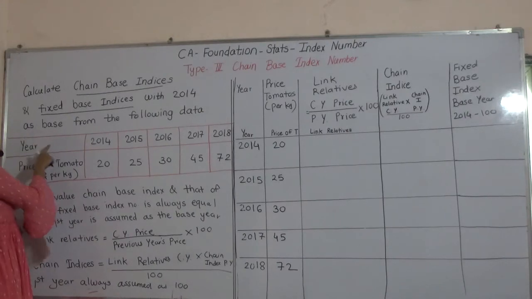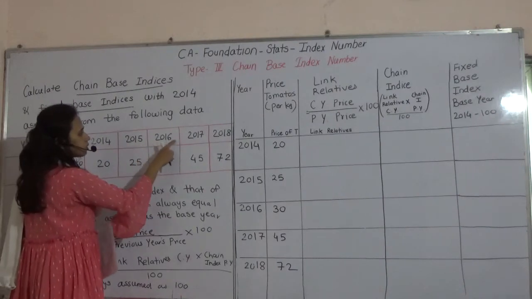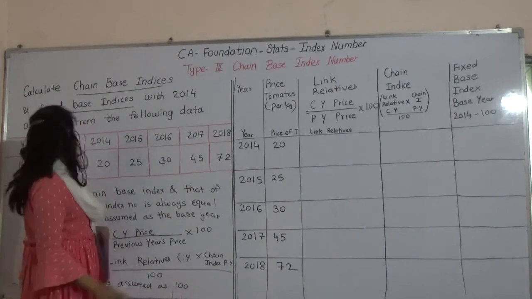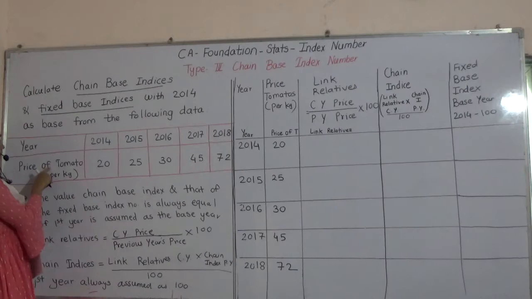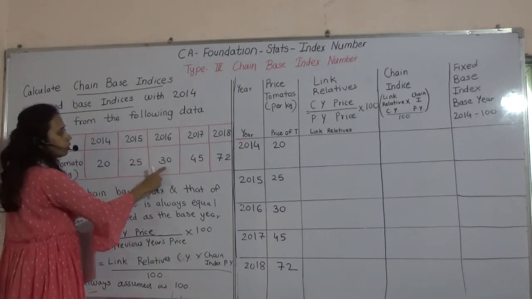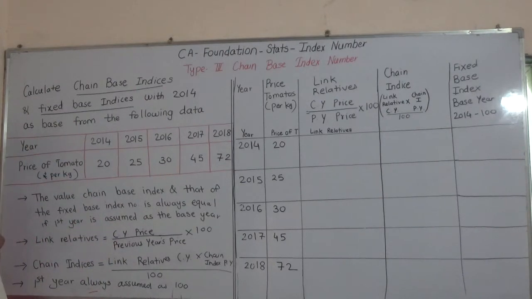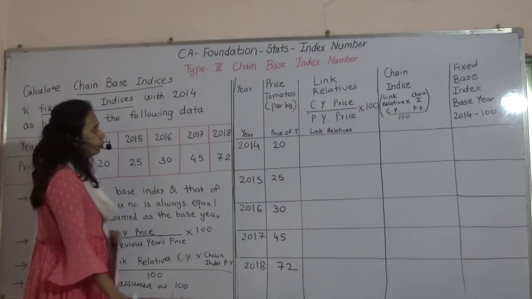See, the problem is they have given year 2014, 15, 16, 17 and 18. Then they have given price of tomato per kg 20 rupees, 25, 30, 45, 72. This data has been given. What are we going to do?